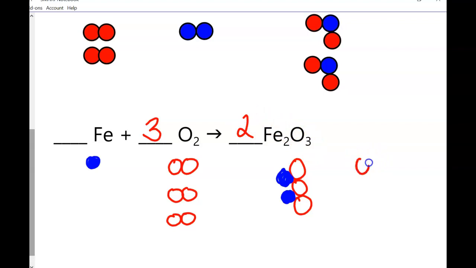And I'm going to make another iron 3 oxide. 1, 2, 3, and I can't change the way that this is bonded, so I draw my irons in. What you'll notice here is that when I put this 2 out front, it's going to distribute to each of these. So I'm going to end up with altogether 6 oxygens, because 2 times 3 is 6, but I'm going to end up with 4 irons, because 2 times 2 is 4.